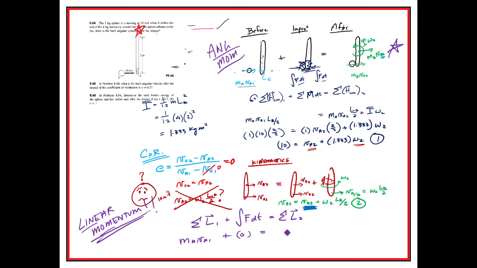It's going to be equal to MA VA2 plus MB VB2. We have a third equation. Yay! Now we have three equations and three unknowns. We can solve it.